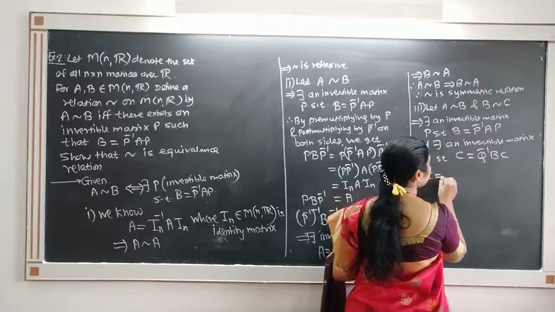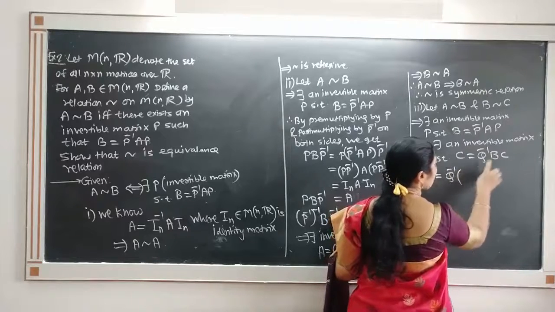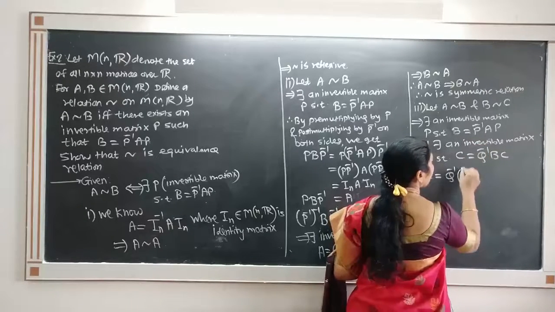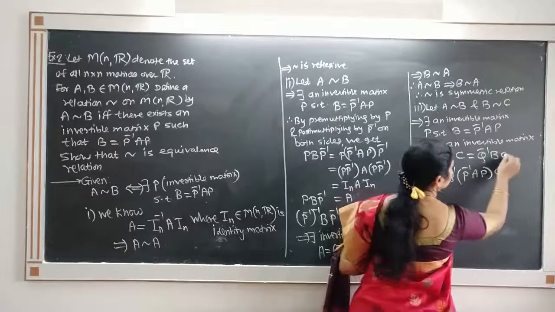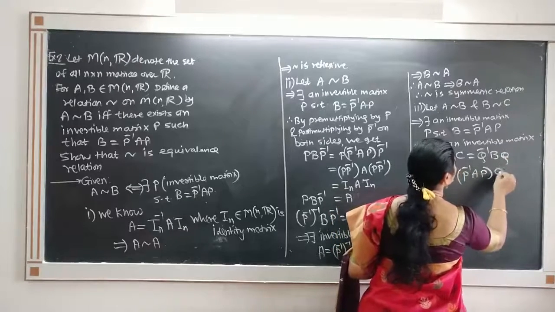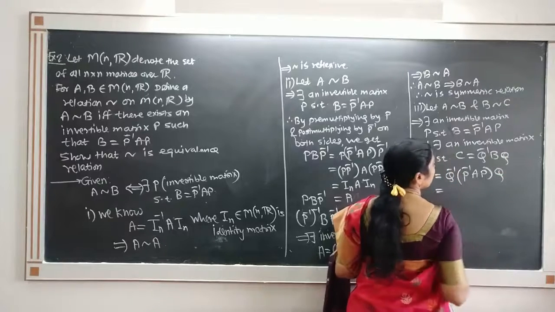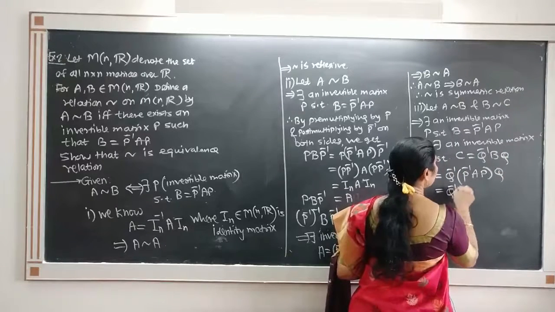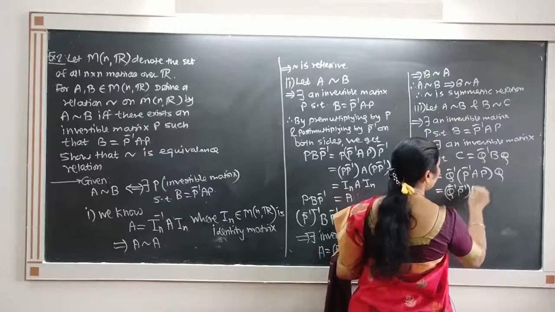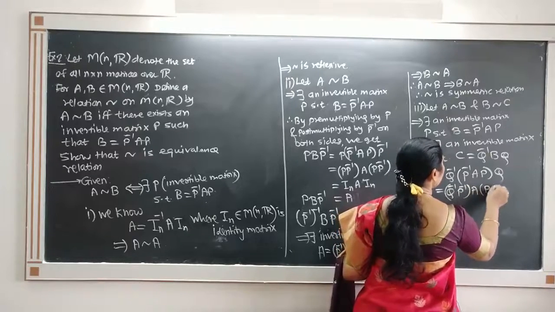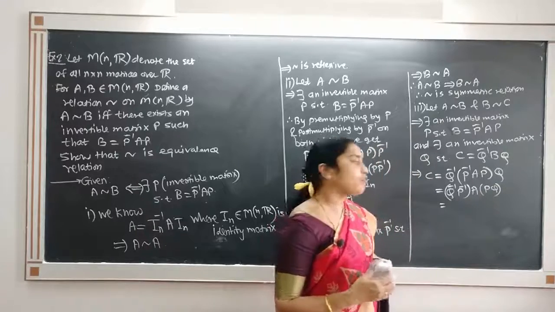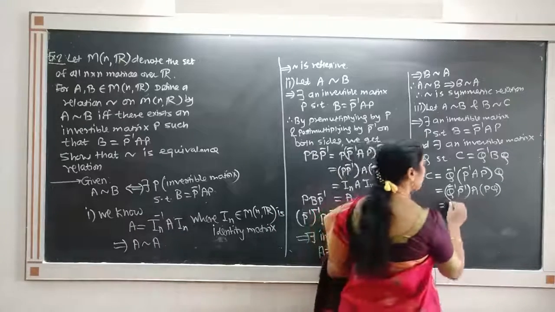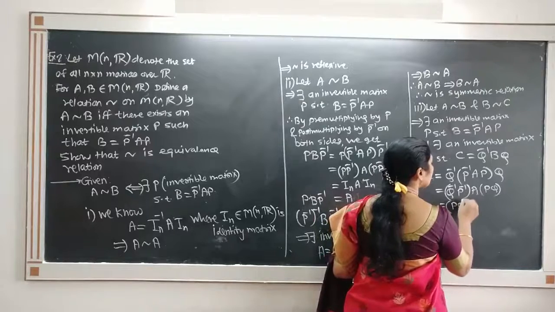So this implies C is equal to Q inverse. The value of B is nothing but P inverse AP, into Q. So what is this? This is nothing but Q inverse P inverse into A into PQ. And we know that by the reversal law for inverse, Q inverse P inverse is nothing but the inverse of PQ.